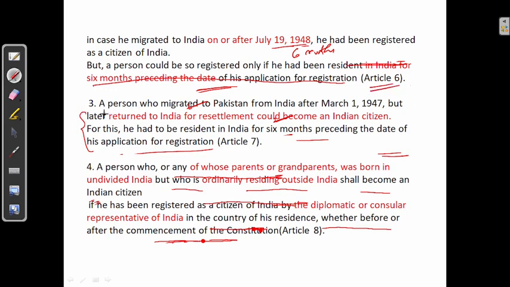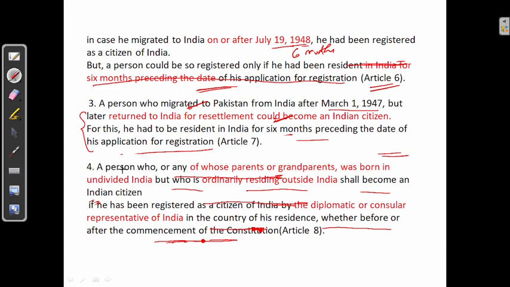Next, a person who migrated to Pakistan from India after March 1st, 1947 but later returned to India for resettlement could become an Indian citizen. For this, he had to be a resident of India for 6 months preceding the date of his application. Again, same. Earlier we have seen a person who migrated to India from Pakistan.